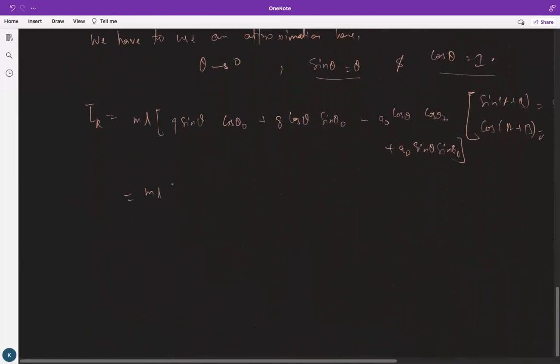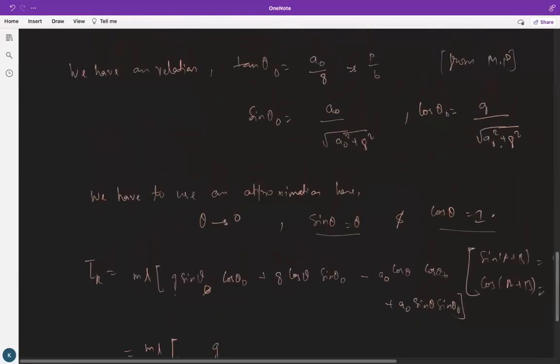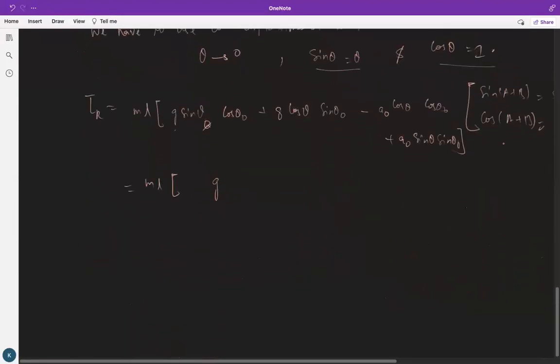We get ml, and this term becomes 0 because when theta is tending to 0, sine theta is equal to theta, right? And the value of cos theta naught is g by root under a naught square plus g square.